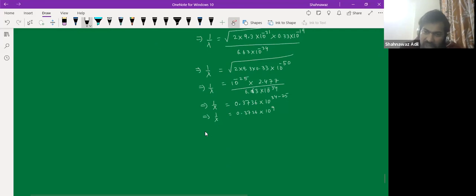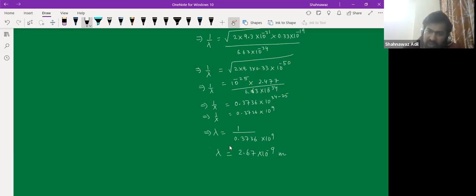So lambda would be 1 by 0.3736 into 10 to the power minus 9, which is 10 to the power 9 in the denominator. 1 divided by 0.3736 is 2.67 into 10 to the power minus 9.